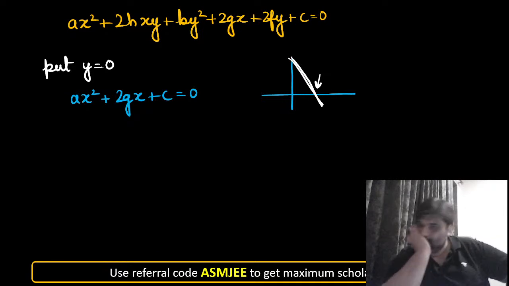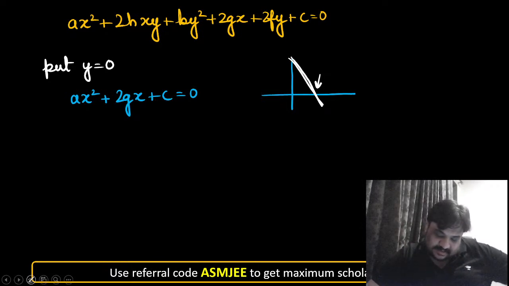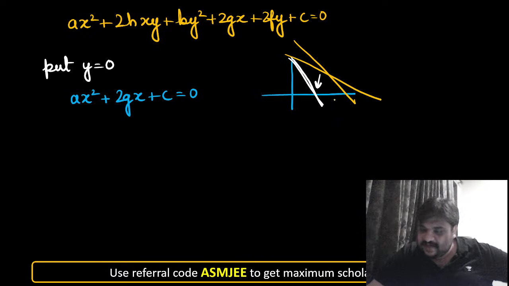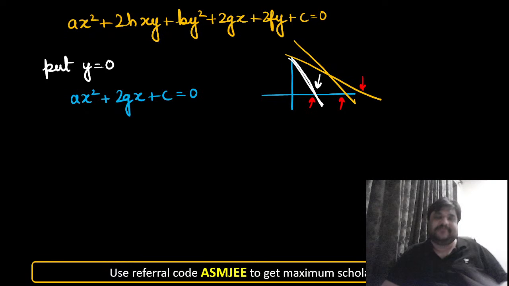Yes, tell me. If they are two separate lines, then you will have separate points of intersection. But if they are coincident, you will have two equal points of intersection, right?